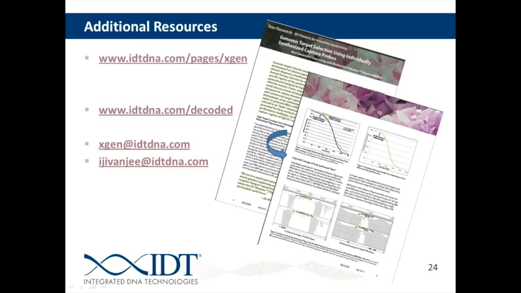Here's kind of a database-related one, too. When you're designing your xGen Lockdown probes to supplement an exome capture or whatever, do you have to run a sequencing experiment first to see where to design your xGen Lockdown probe set, or is there a database that you can go to and see where the coverage is good and where it's not? Well, it's sort of a trick.